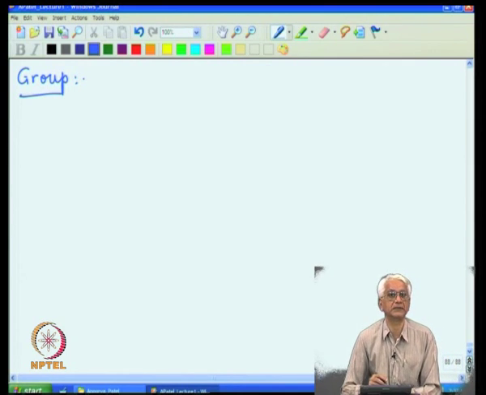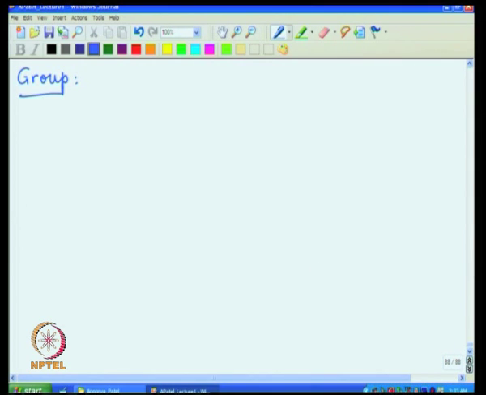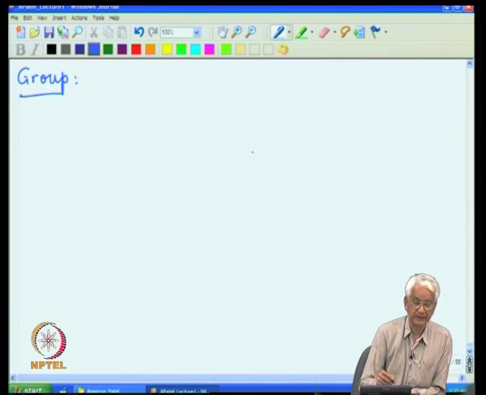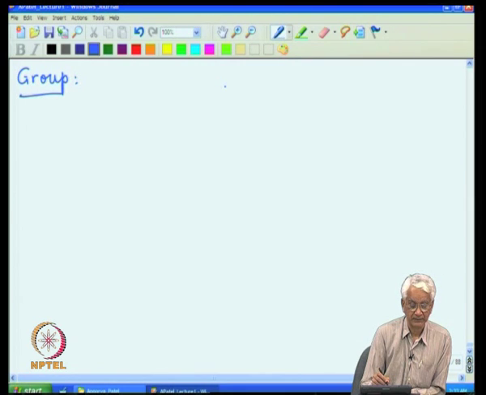A group is a mathematical structure essentially defined by its algebraic properties, and it follows a certain set of rules which characterize the group of various types.